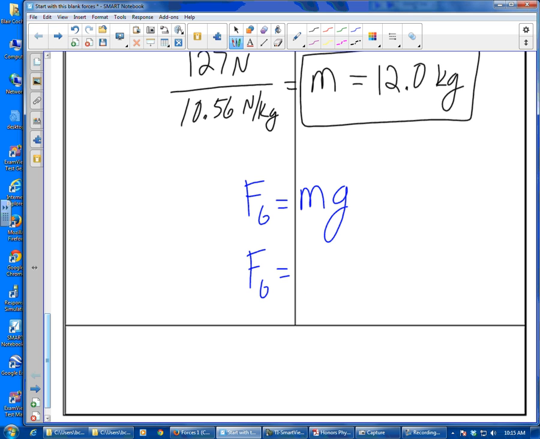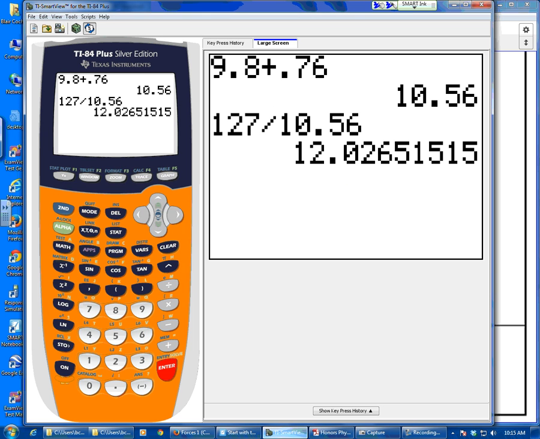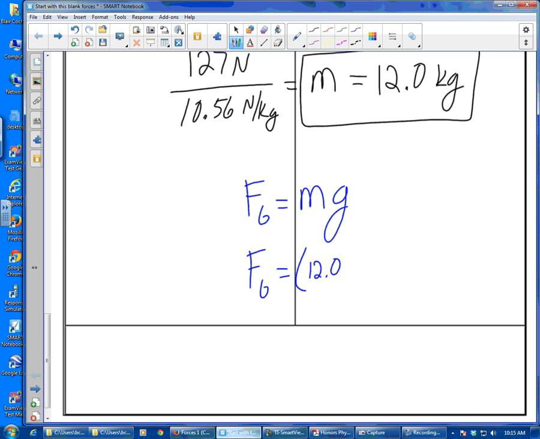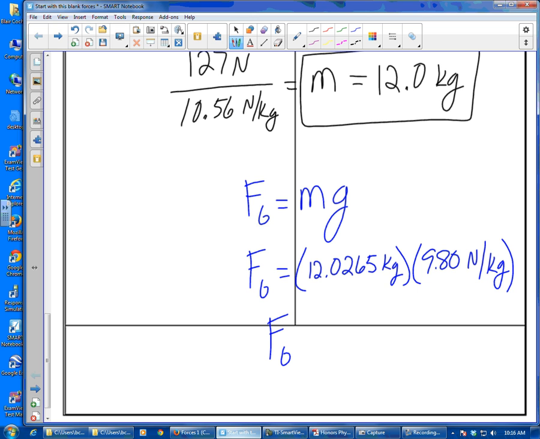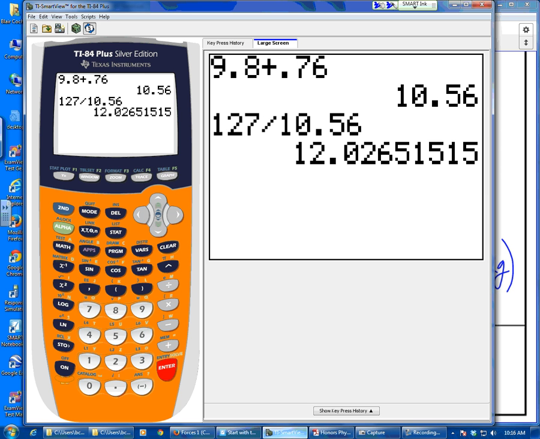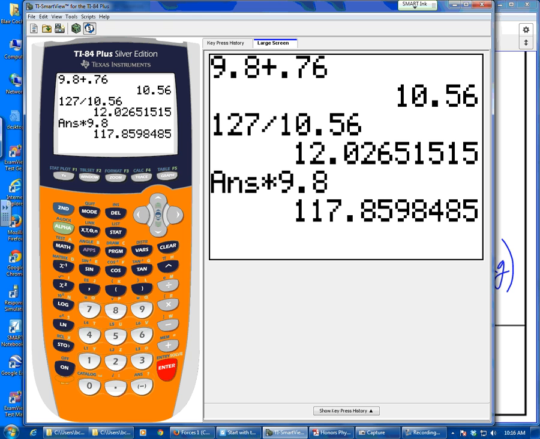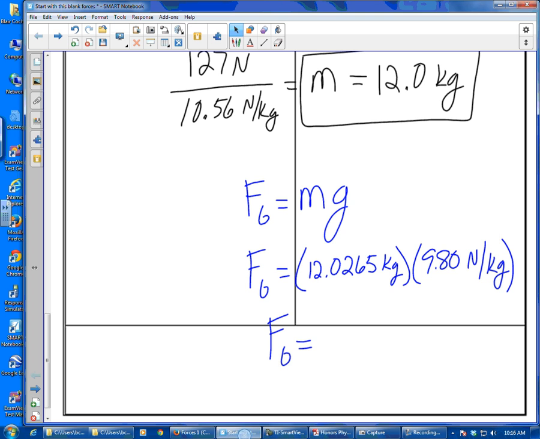So the weight of my shopping bag is going to be my 12.0265 kilograms times 9.80 newtons per kilogram, and get F sub G equals... So if I multiply that by 9.8, I get 118 newtons.